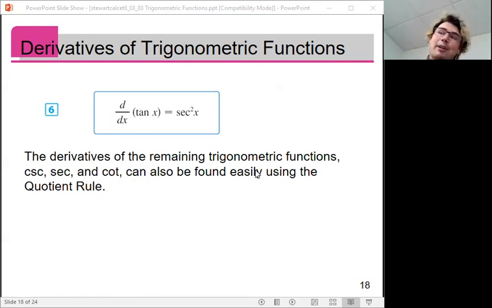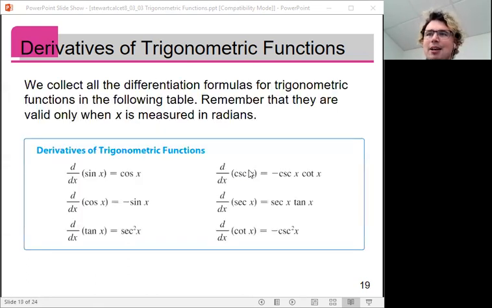Now, that's 3 trig functions down: sine, cosine, and tangent. 3 to go: cosecant, cotangent, and secant itself. So let's take a look at those. If I take the derivative of the cosecant of x function, I'm going to get minus the cosecant of x times the cotangent of x.